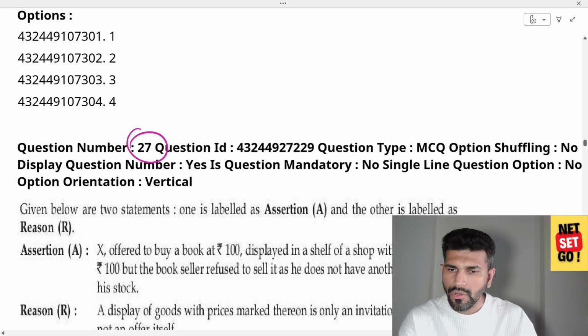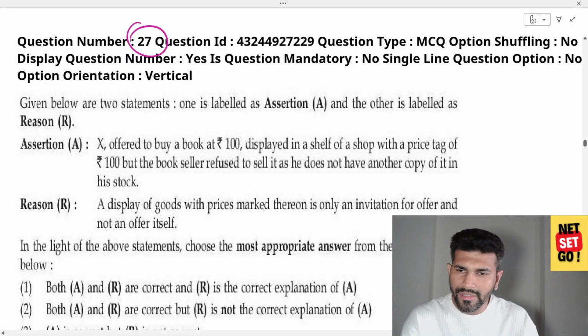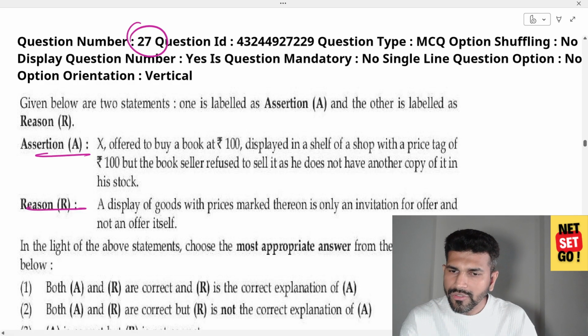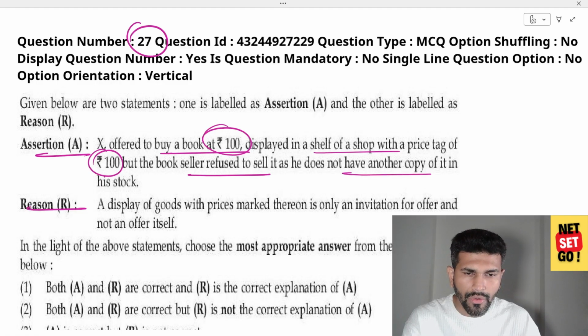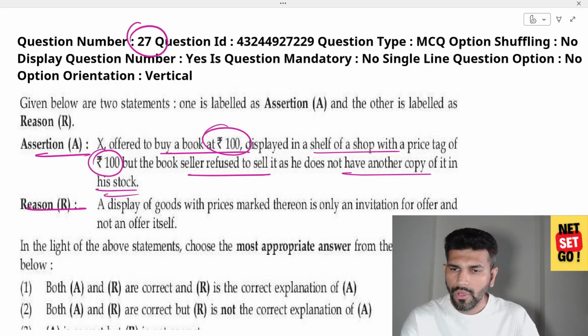Next, 27. Assertion reason. X offered to buy a book at 100 rupees displayed in the shelf of a shop with a price tag of 100 rupees, but the bookseller refuses to sell it as he does not have another copy of it in his stock. So the assertion is yet to be checked.